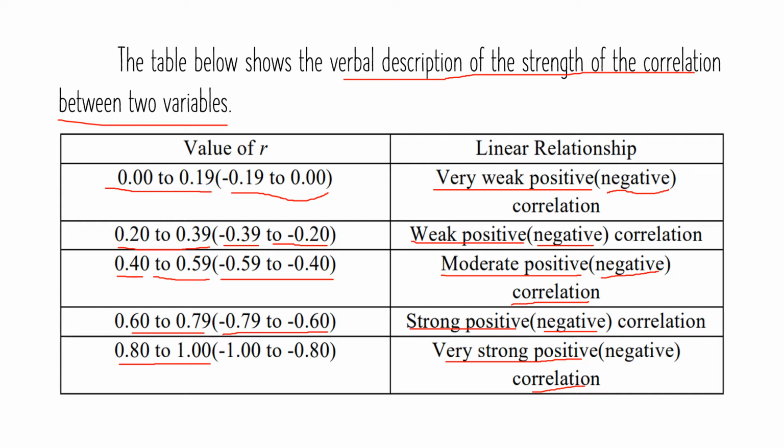So we don't limit it to positive and negative correlation, but we also have zero correlation. Zero correlation exists when high values in one variable correspond to either high or low values in the other variable.